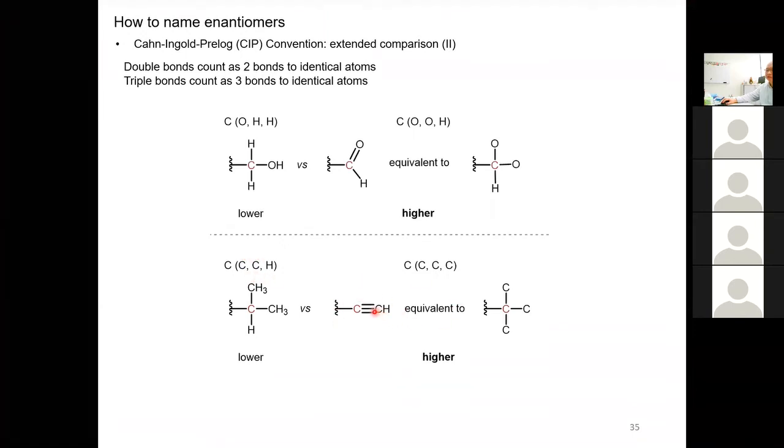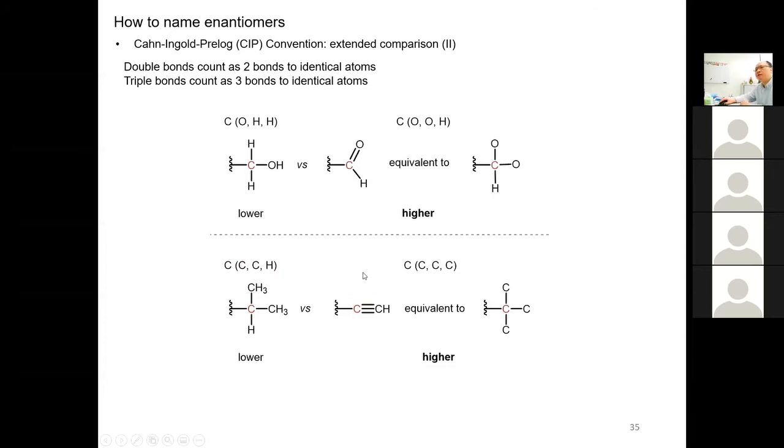If it's a triple bond, you count it as 3. So the carbon is linked to 1 carbon by a triple bond, which means you can see it as a carbon linked to 3 carbons. So the order is C, C, C, which is higher than C, C, H, right? So the triple bond has a higher priority than this isopropyl.